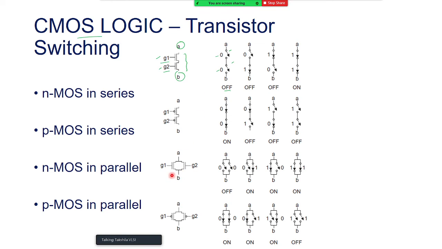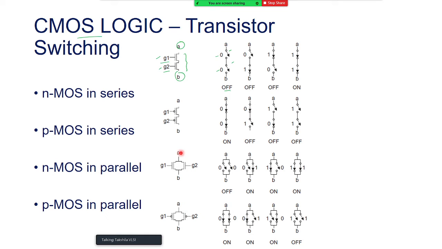What about NMOS in parallel? Gate G1 and gate G2 here, and you see there is a signal here. Let's say some logic is available here at A, and it has to reach level B, right? And that can happen based on G1 and G2.